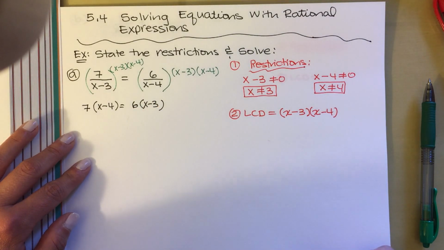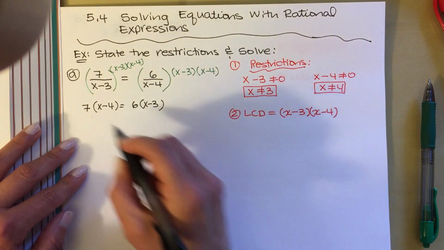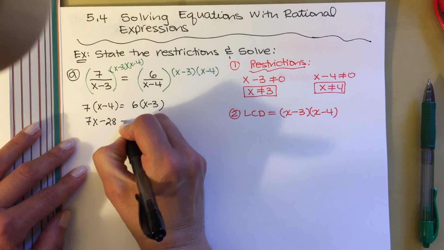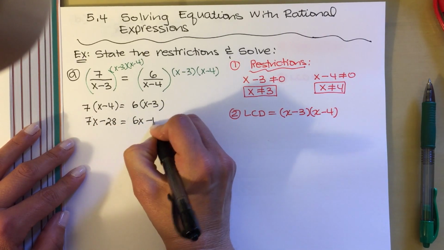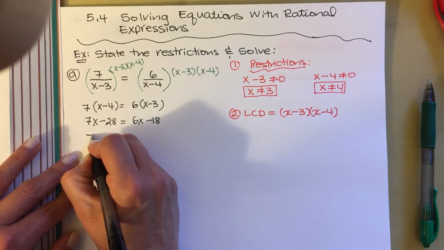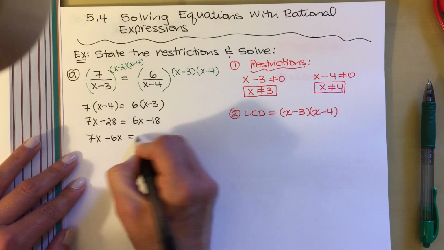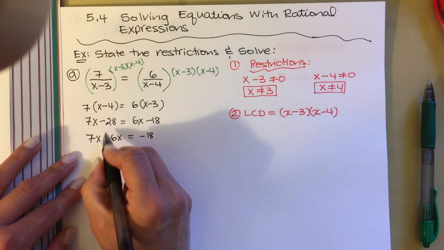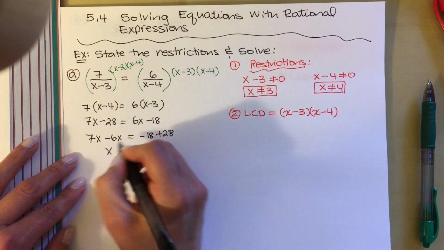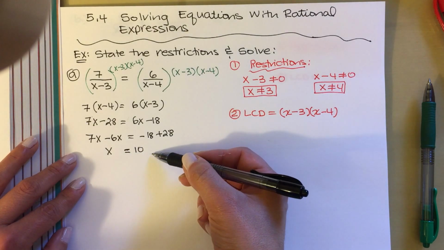After we eliminate the fractions, we just solve as usual, distribute, and then of course we just solve for x. Subtract 6x, and we can also add 28 to both sides. X is equal to 10.